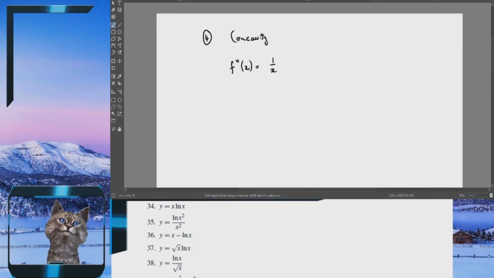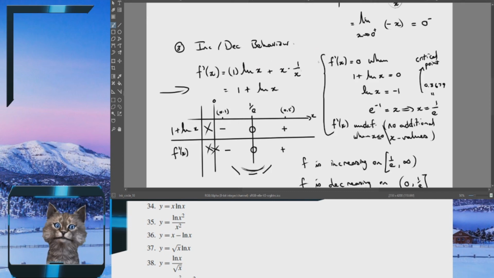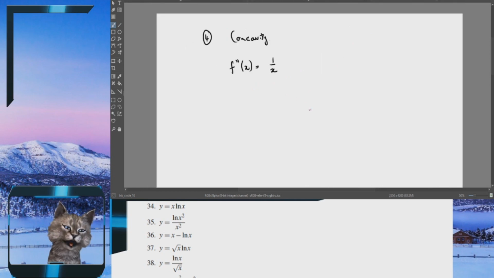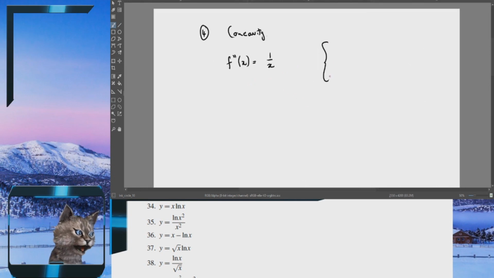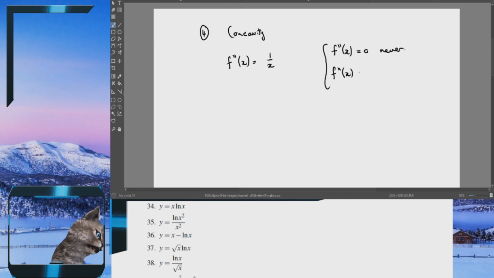It's very simple, it's just 1 over x, based on this. That's super nice, wow. I barely need a table, but I'll do it anyway. Can I write my bracket the right way around? That would just be lovely. Like so. Oh, it was right, huh? Second derivative is 0. Never. Numerator is 1.